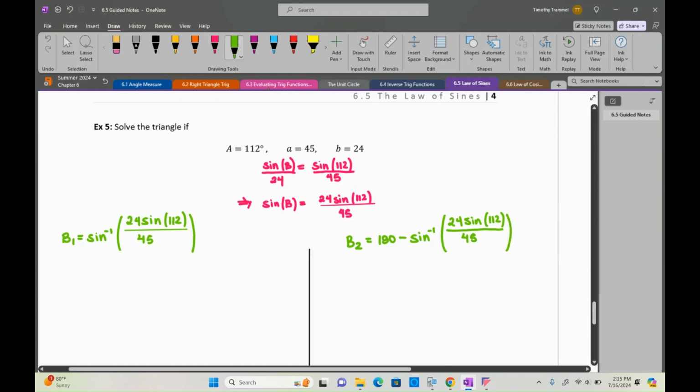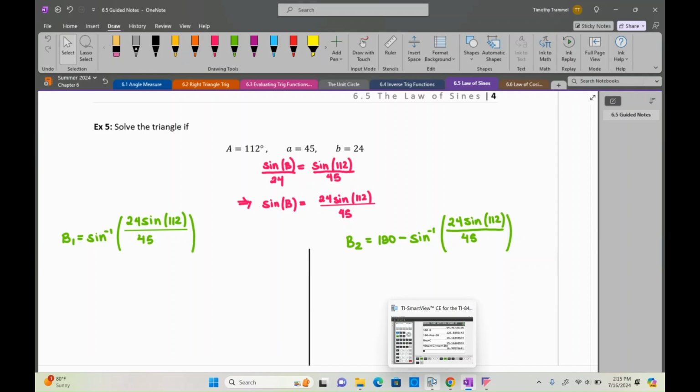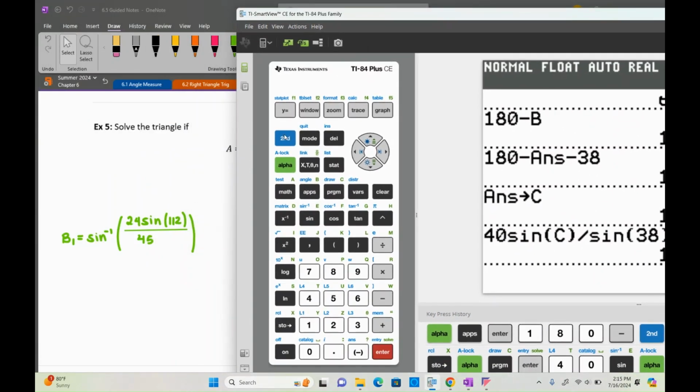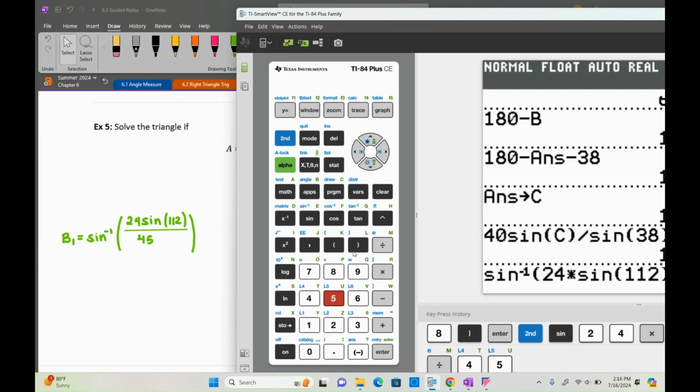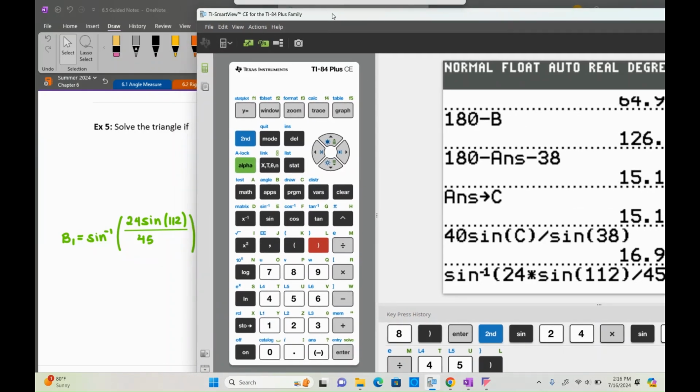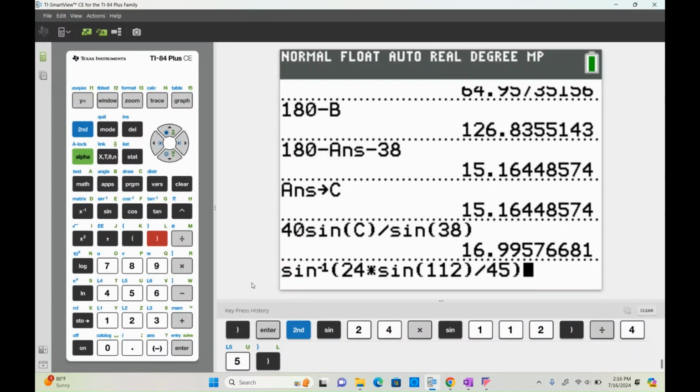There we go. Okay. And so let's go ahead and plug both of these in. Why not? Okay. So sine inverse of 24 times sine of 112 divided by 45. And then let's just make sure that we type that all in right. Okay, there we go.